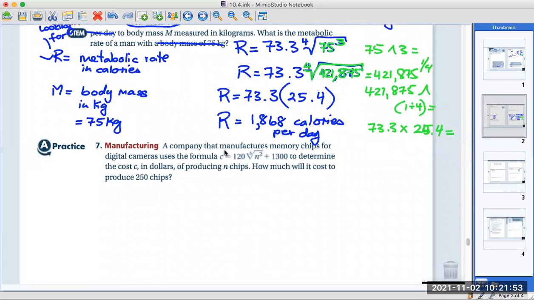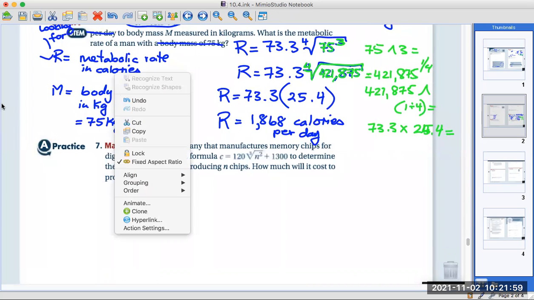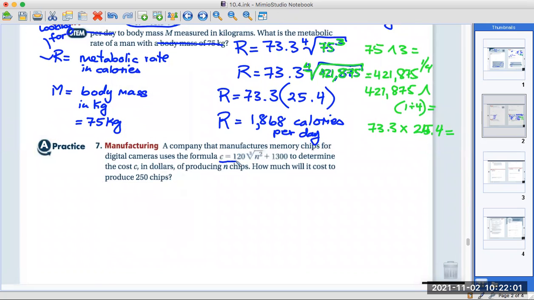A company that manufactures memory chips for digital cameras uses the formula, and I'm going to underline the formula, to determine the cost C. So C is the cost in dollars of producing N number of chips.